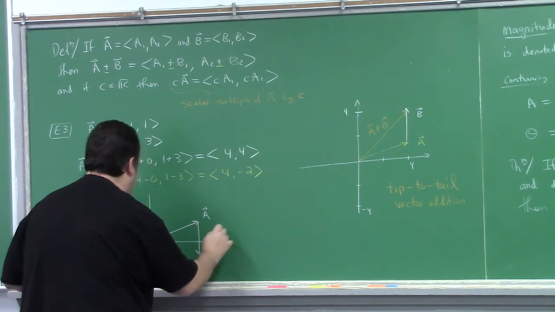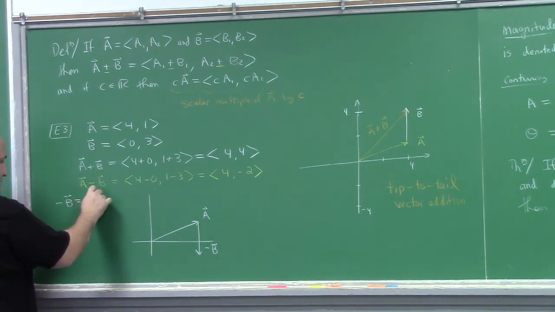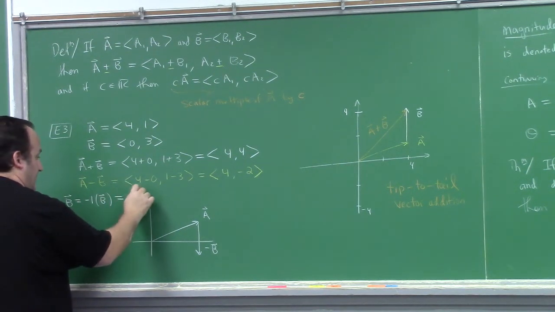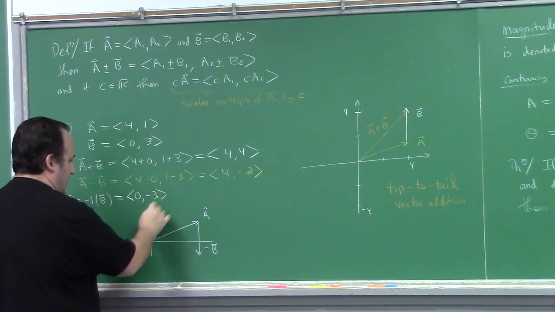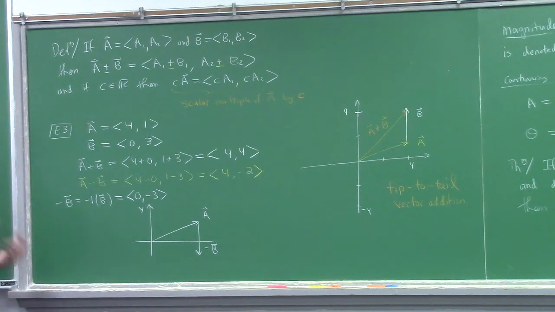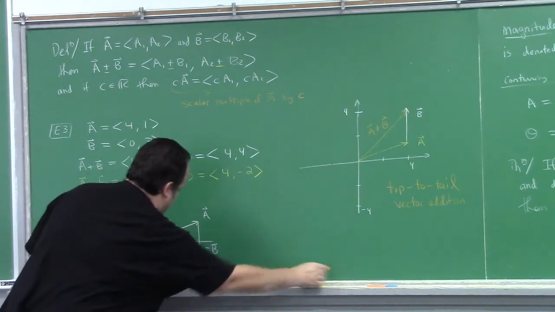Now, minus B is minus 1 times B, which is (0, minus 3). So I can think of subtracting B as adding minus B. But minus B flips the vector over, it reverses the direction. And so that's why we got (4, minus 2) here.